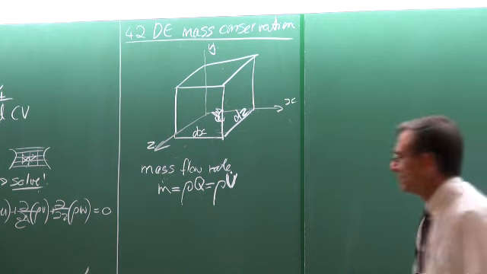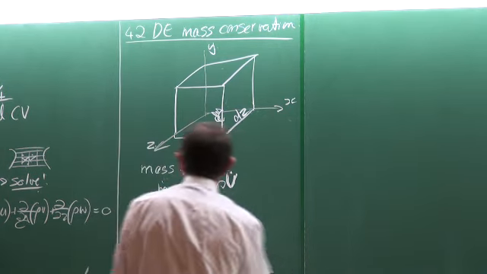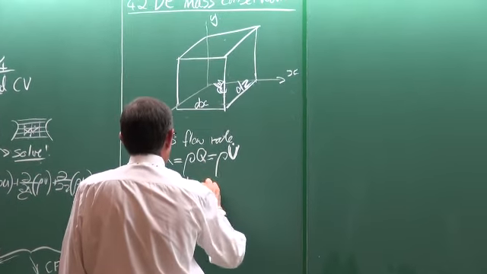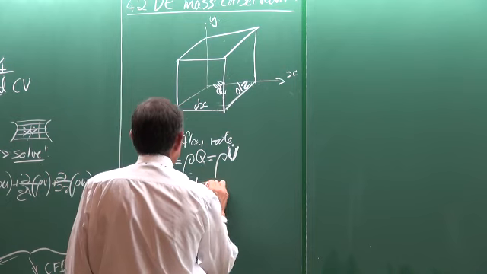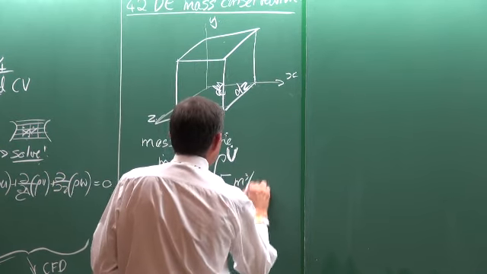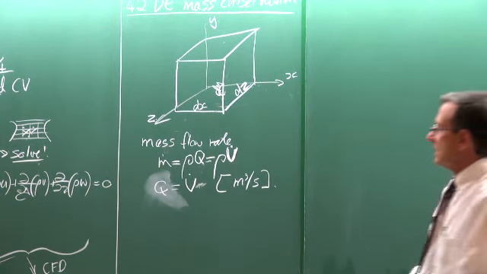So that is volume flow rate, and the units would be cubic meters per second.